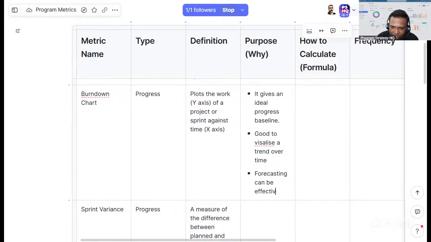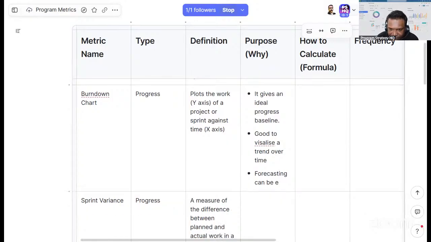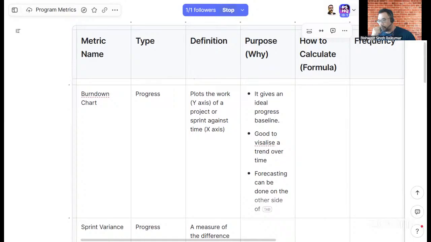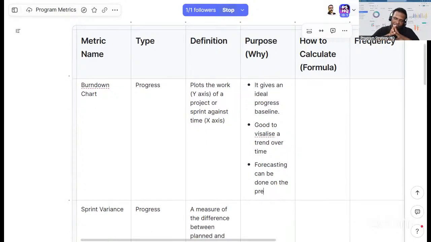Forecast. I'll put some more terminology here. Forecasting can be done on the success. So basically, what I'm trying to say is we can predict whether we are going to meet the sprint goal on time or not, by looking at the graphs.